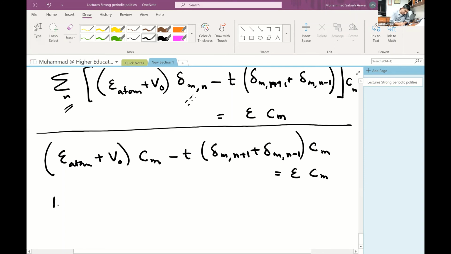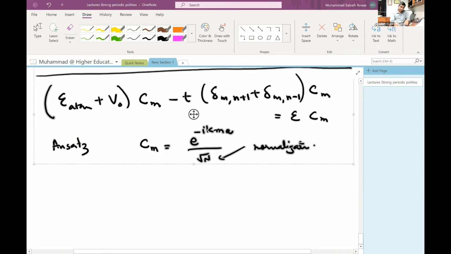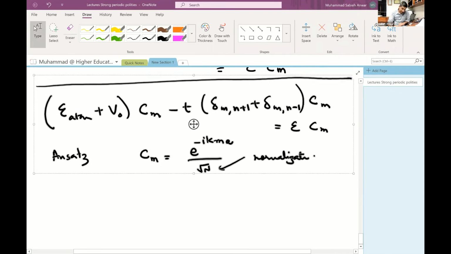Now I assume an ansatz. I have a periodic function, so I'm always used to dealing with functions of the Bloch kind. So let's use an ansatz in which my Cm is of this form, e to the minus i k m a over root n. This is for normalization. Since this root n is on both sides of this equation, it doesn't really matter.